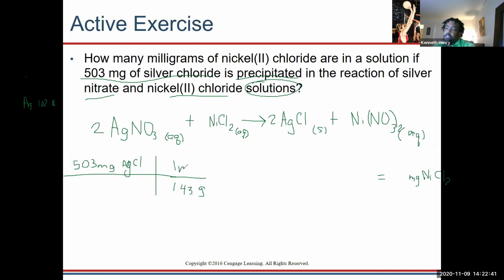Let's talk about this because we're in milligrams, right? So do we have to change to grams? Or if I put millimole over milligram, would that equal mole over gram?